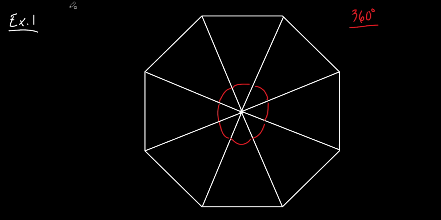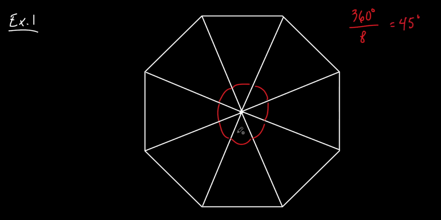This is an octagon, so I divide by 8. That's right. So this angle right there, that's all you had to do. I didn't give you any other numbers, did I? I just told you how many sides this has, and that it's a regular octagon. So how do I find one of those angles? I go 360 divided by 8. And I've done that already, and that is 45 degrees.